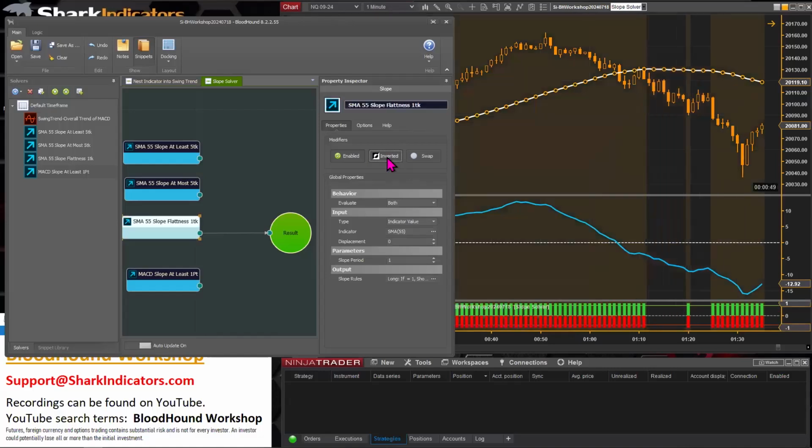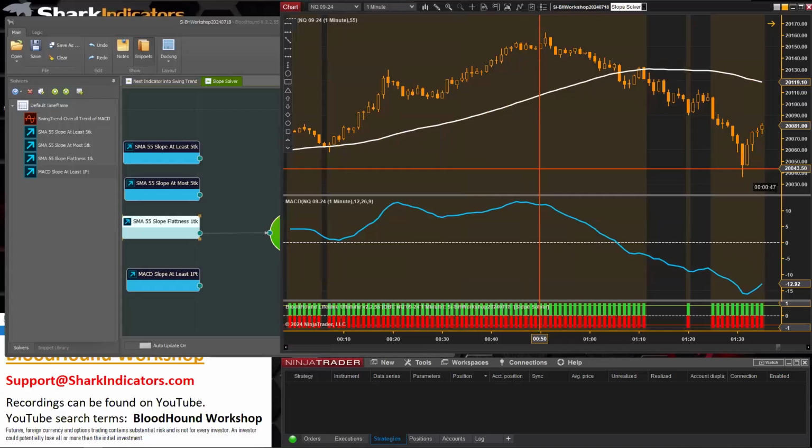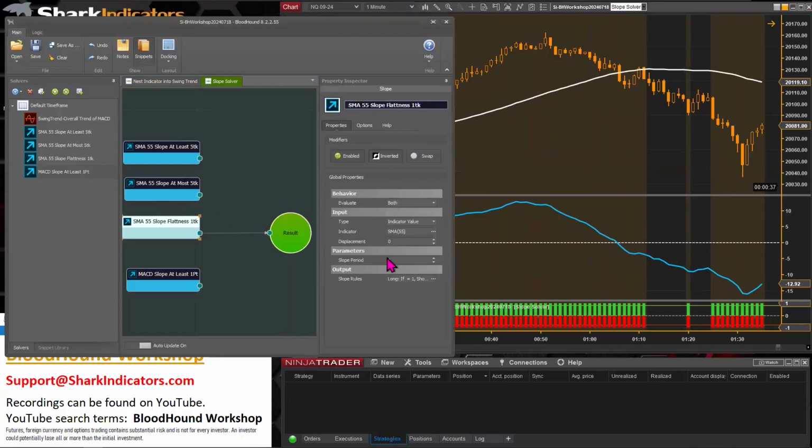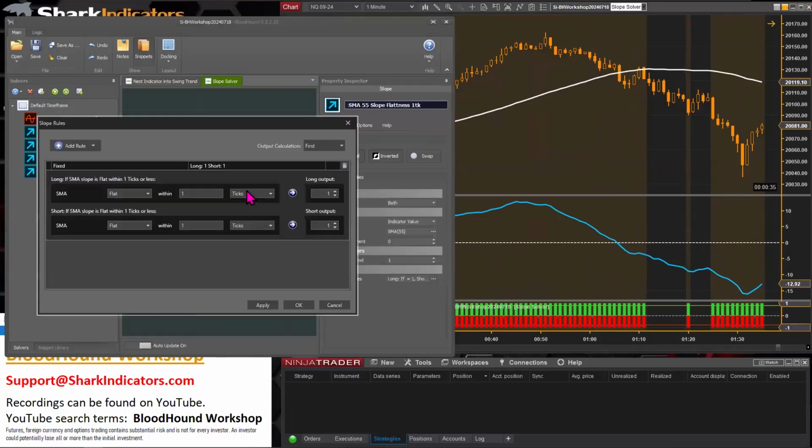If we invert this, you essentially get the complete inverse of the output. It is doing what the not flat does: inverting just applies a logical not to the flat, so it's giving you the not flat result.